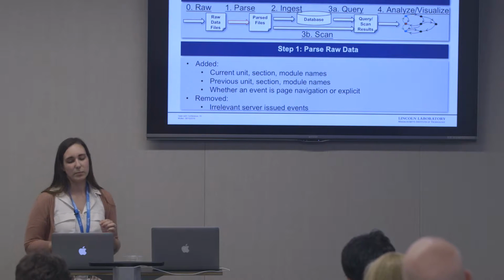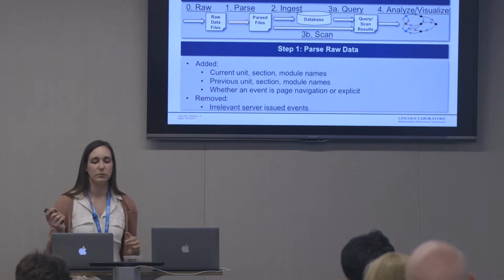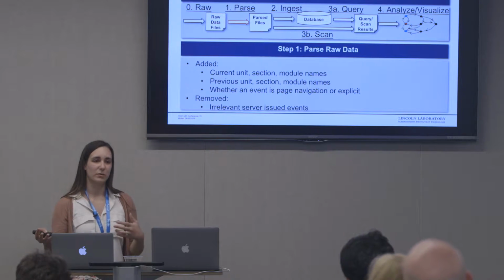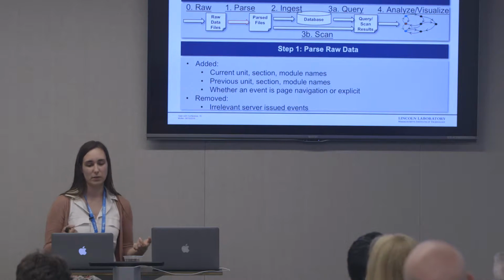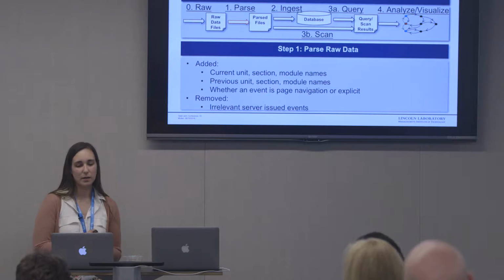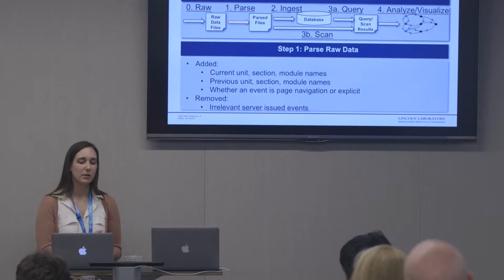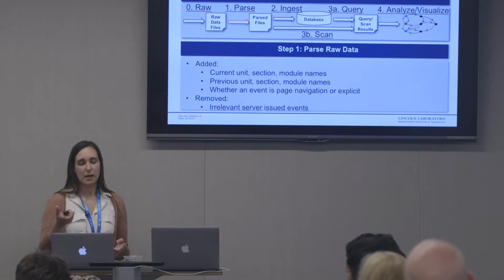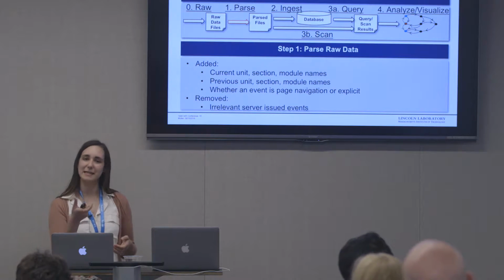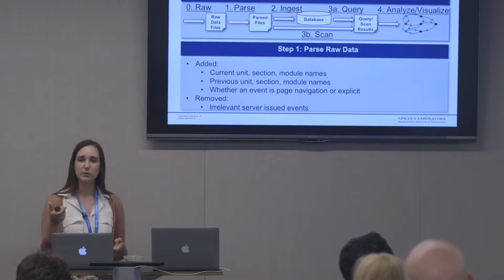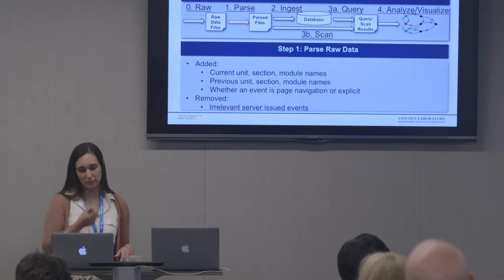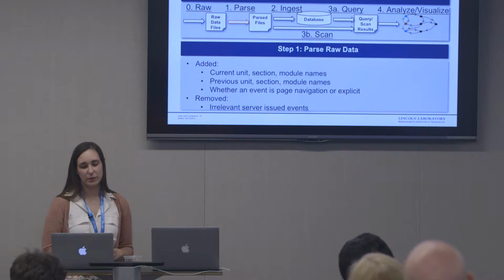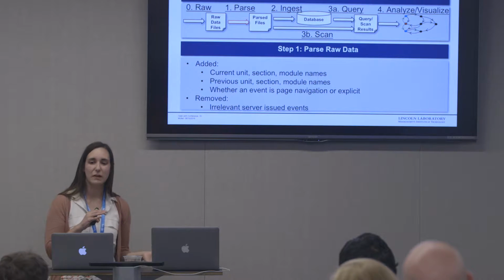At the parsing step, you have a unique opportunity where you can add in extra information that you feel would be helpful, or remove information that you know you're never going to use. Here, we noticed the tracking logs contain a lot of section IDs, but those aren't very human readable, so we added in the section, unit, and module names as well, and also whether an event is a page navigation or explicit.